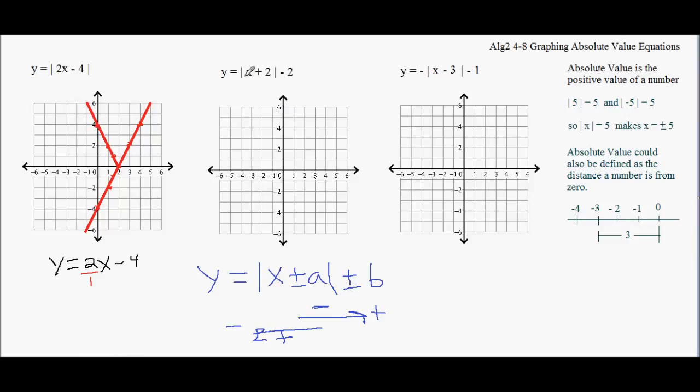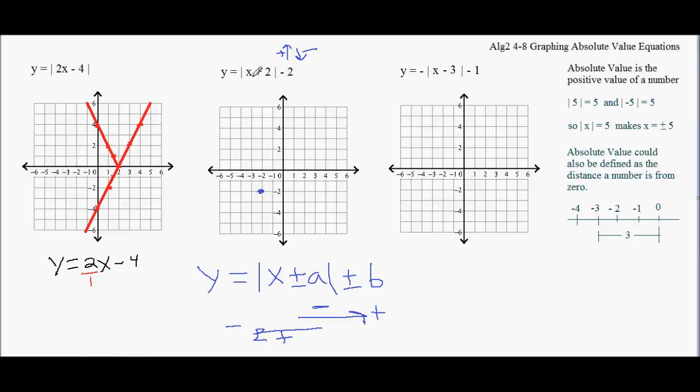So it's going to shift this way, and then shift down twice, like right there. See that? This shifts it up and down, because all you're doing is taking the answer from this and putting it up and down. A plus goes up and a minus goes down. So that's true, kind of.